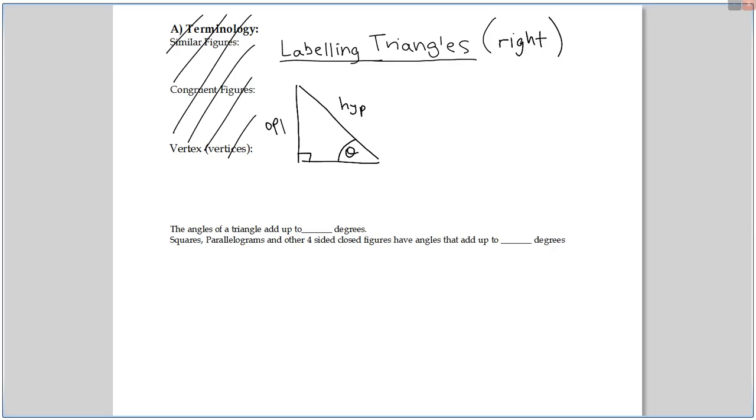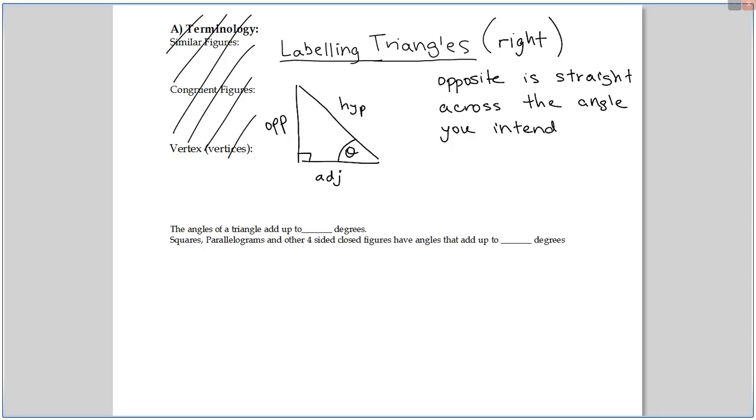Opposite and adjacent. Okay? So opposite is straight across the angle you intend to work with.